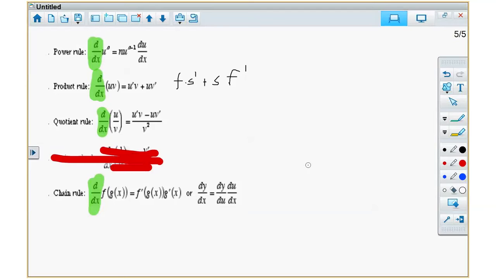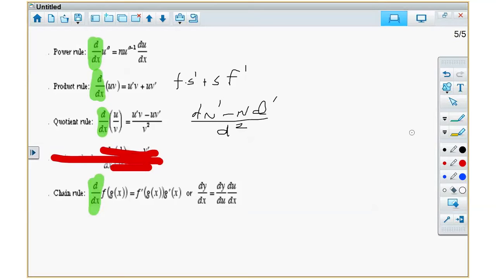And we'll get to that. This one: denominator times numerator prime minus numerator times denominator prime over denominator squared.